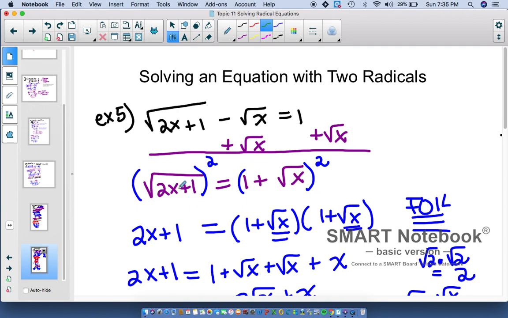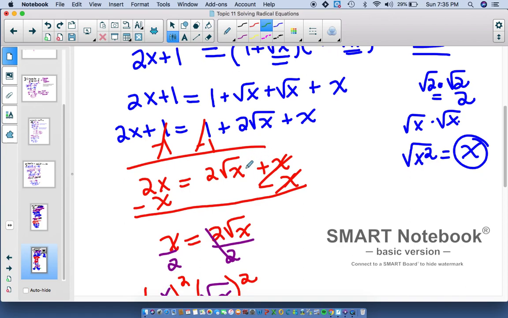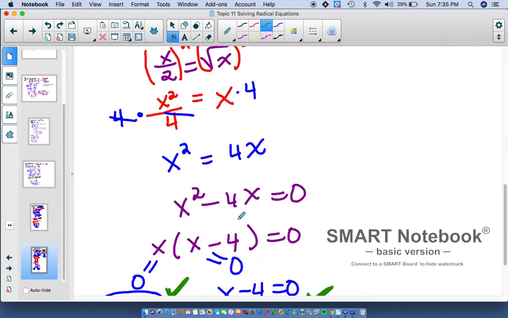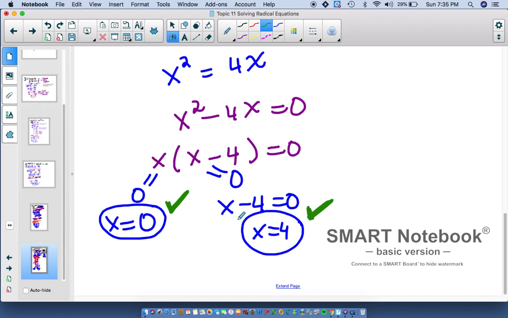That got rid of one radical, right? Here, this is where I got rid of one radical. But then I ended up with another radical. So the second step was to isolate that radical that I still had. Once I isolated that radical, I squared both sides, and I ended up with a quadratic. Then I factored that quadratic and solved.